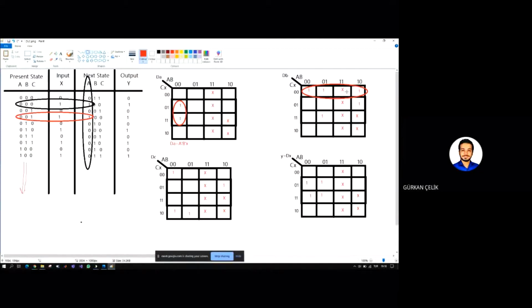So you cannot create a circle like this with 3 squares. That's illegal. Creating 1 square per circle is also possible, but you should create as big as you can. So it should be this circle.